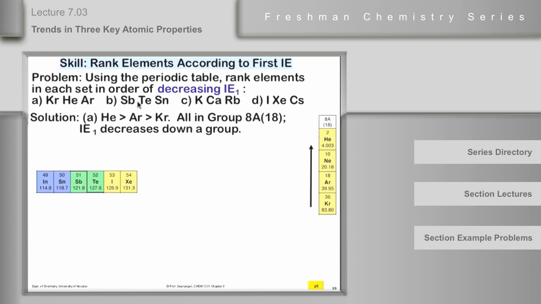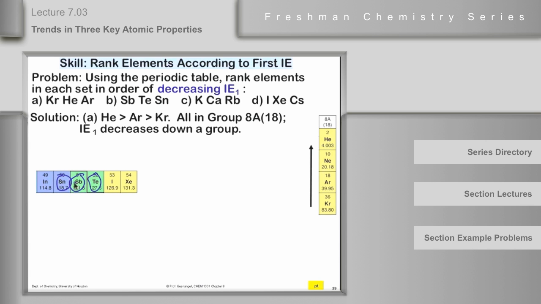The second one is antimony, tellurium, and tin. This is across a period, but it's the fifth period, so the bumps that we saw in the second period don't apply here. So we have antimony, which is here, and we have tellurium, and we have tin.